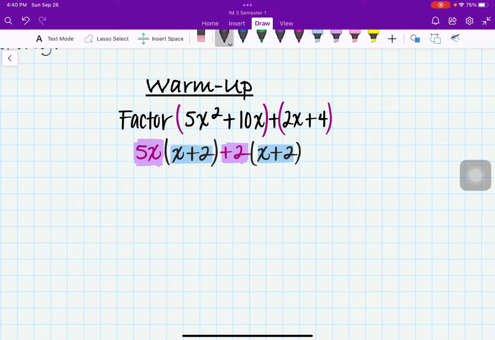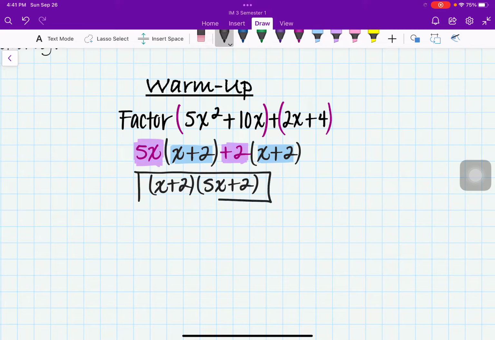So in this case, we would have x plus 2, which becomes a 1 because we're factoring it out, and then the initial factors become another binomial. So this here would be our answer.